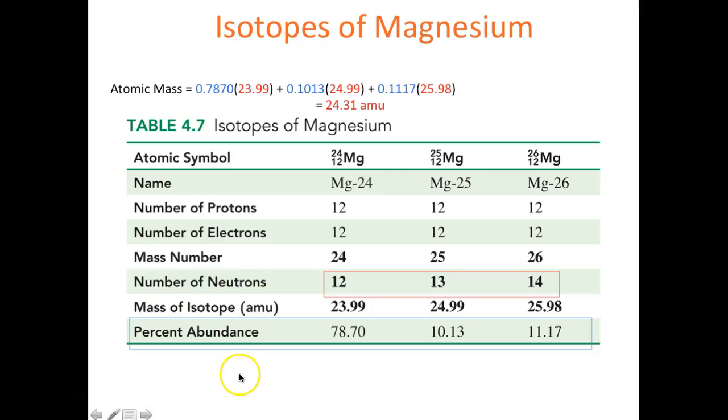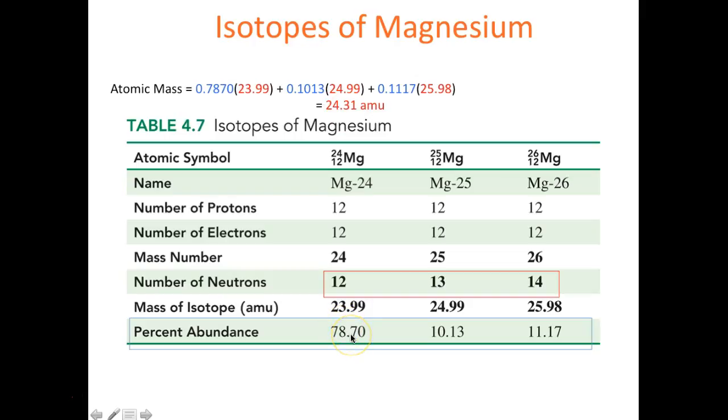All right, so here you have those 3 different isotopes for magnesium, and then the actual mass of the isotopes, and then you have the number of neutrons, and we've talked about that already, and then the percentage abundance is listed right below the masses. Now, how do you obtain that atomic mass of 24.31?